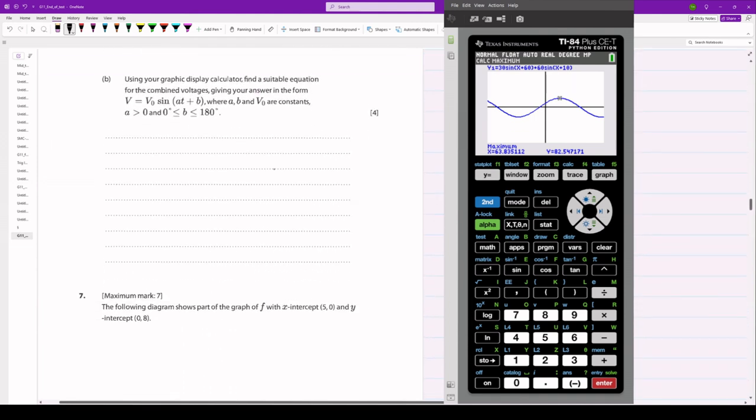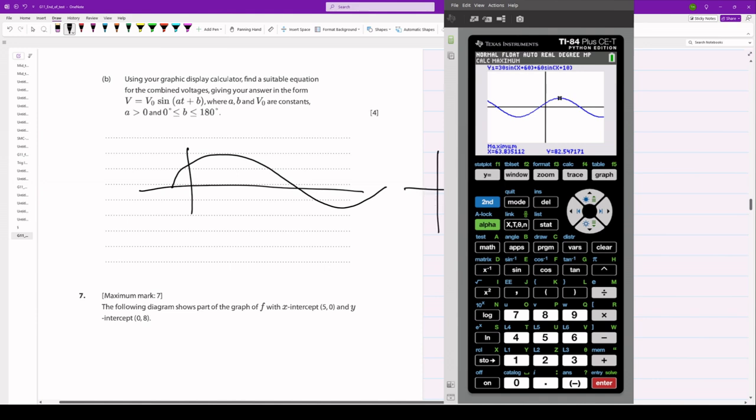Okay. Next up, using your graphic display calculator, find a suitable equation for the combined voltages. Now this one I found quite fun. So we know from our calculator, and you can still see it, that it's got this curvy shape that goes like that.